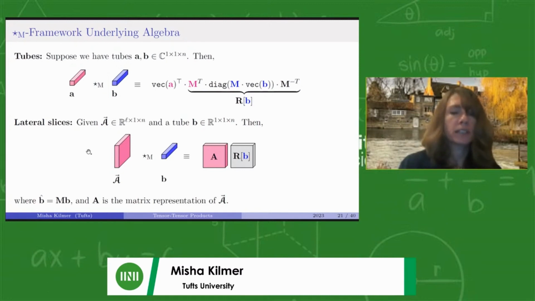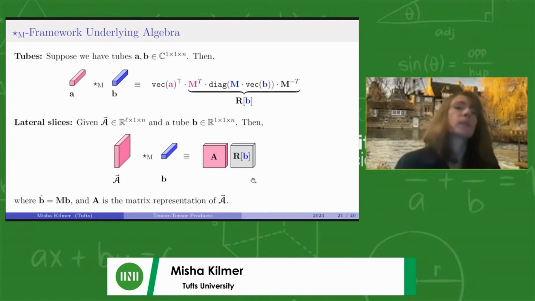Likewise, if I want to look at the next highest level operation, a lateral slice star M product with a tube fiber, that turns out to be equivalent to taking that slice and reorienting it as a matrix and post multiplying that matrix by a structured matrix that's generated by the vector B.